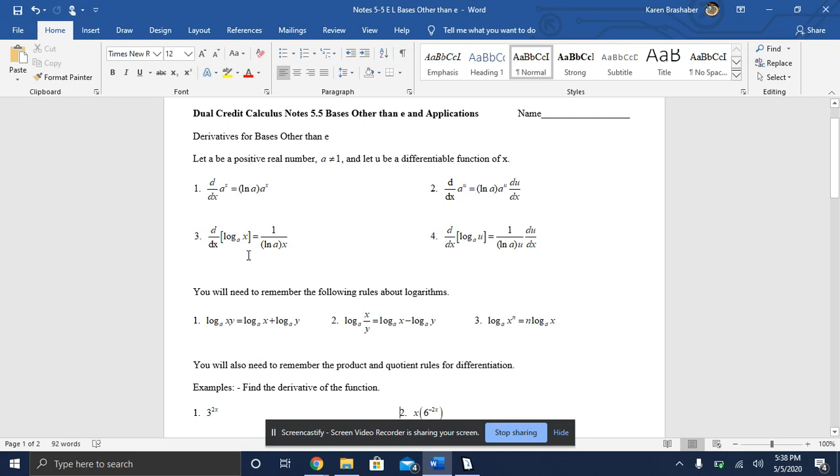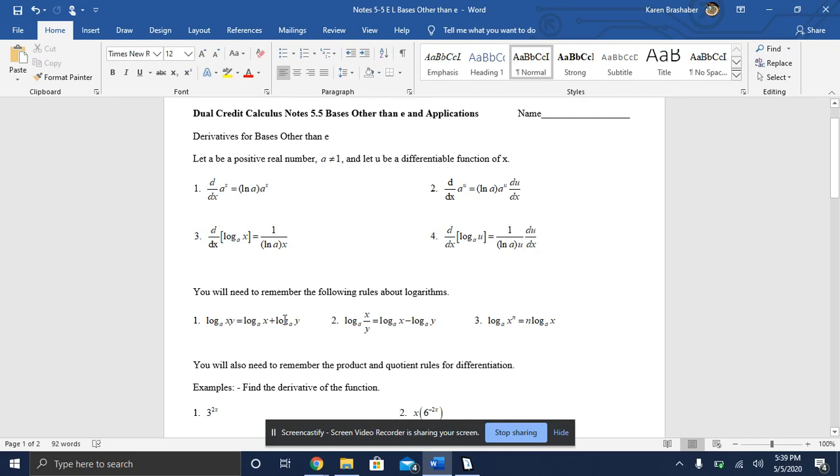For logarithms, where the base is something other than an e, then we will do 1 over the natural log of the base times 1 over x. And both of those then will end up being in the denominator. And then likewise, if the argument is something other than just an x, then we'll need to do the derivative of that argument.